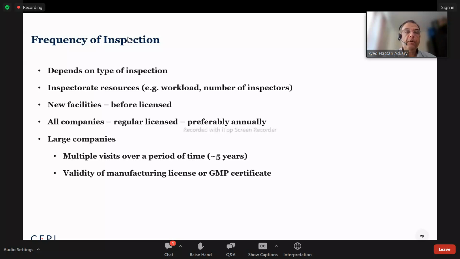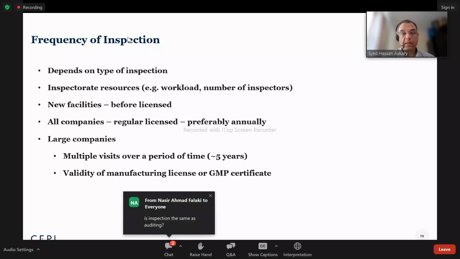The frequency of inspection depends on the type of inspection, of course. If it's a new facility, then it has to be before the license, or it may be multiple visits over a period of 5 years. That all depends on what type of inspection is needed.